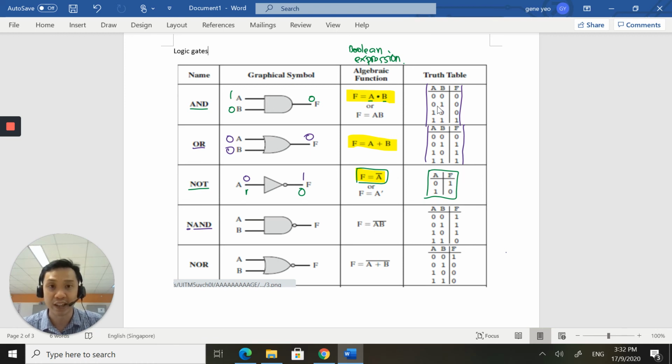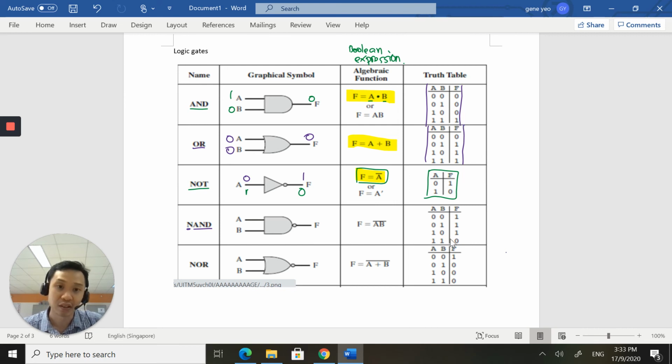So if you look here at an AND gate, 0, 0 is 0. If you look at a NAND, 0, 0 gives a 1. It's the opposite. 0, 1 gives a 0 for an AND, but a 1 for NAND. 1, 0 gives a 0, but the NAND gives a 1. A 1, 1 for an AND gives a 1.